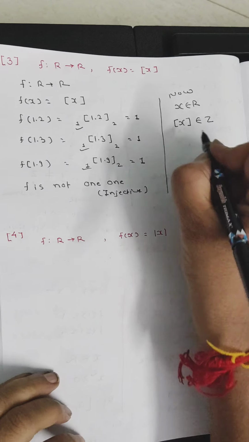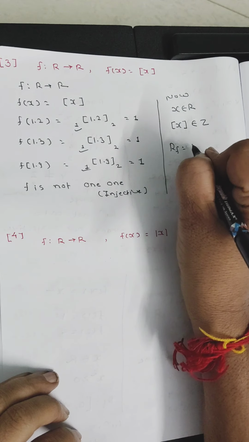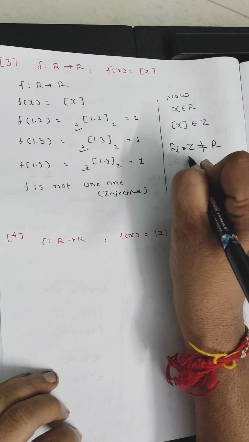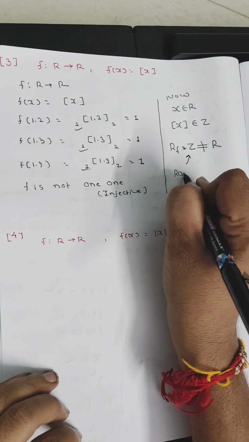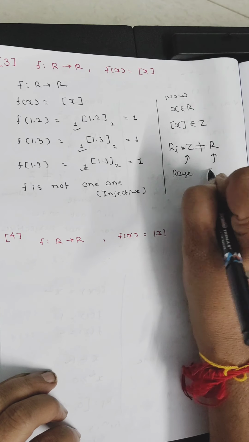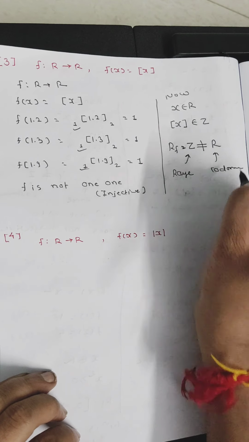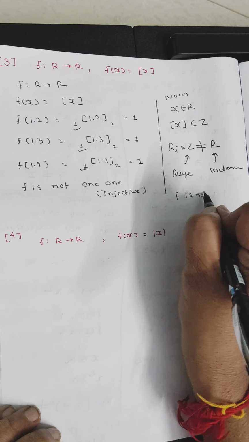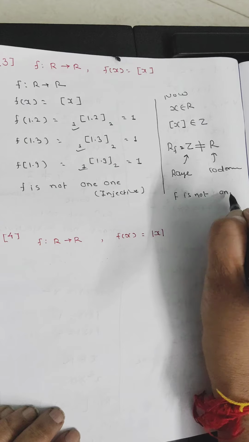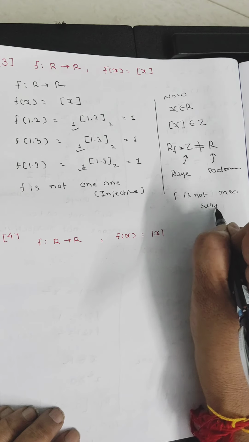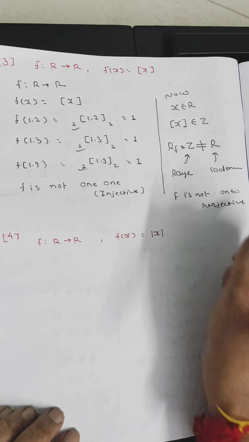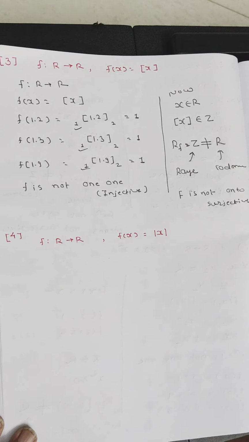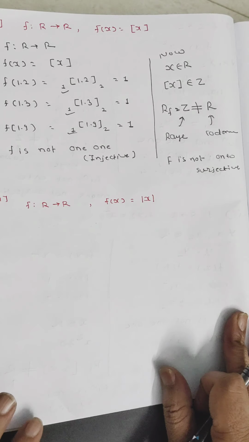So the range of the function, that is Z, is not equal to R. This is your range and this is your codomain. So the function is not onto, meaning not surjective.